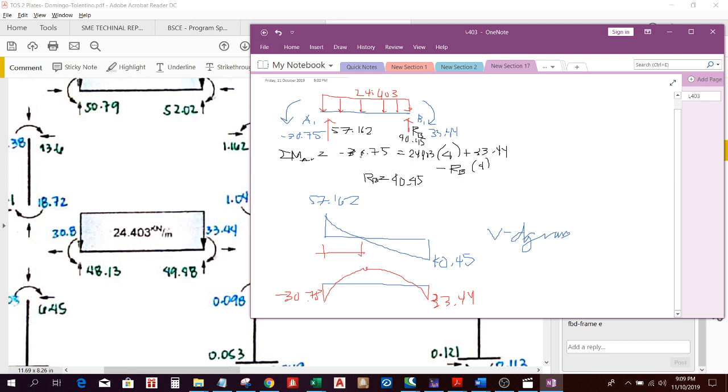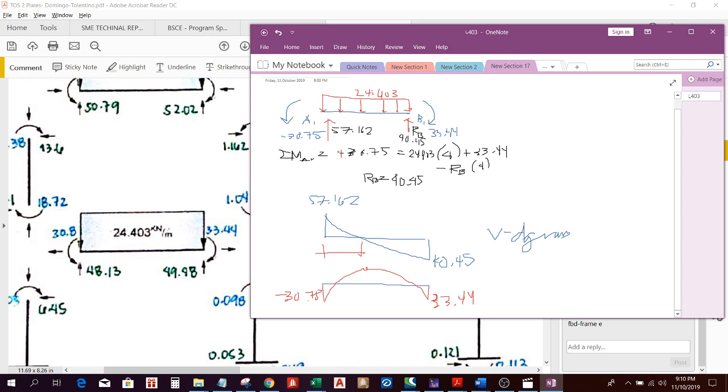I think something's wrong here. Negative 44. Ah, okay, this should be positive.